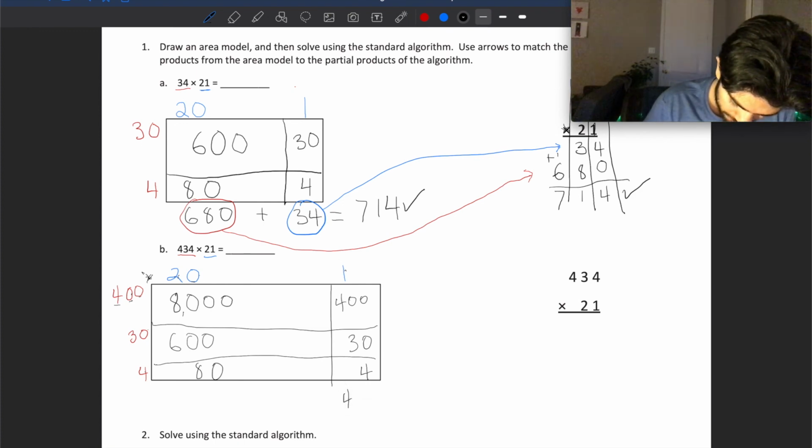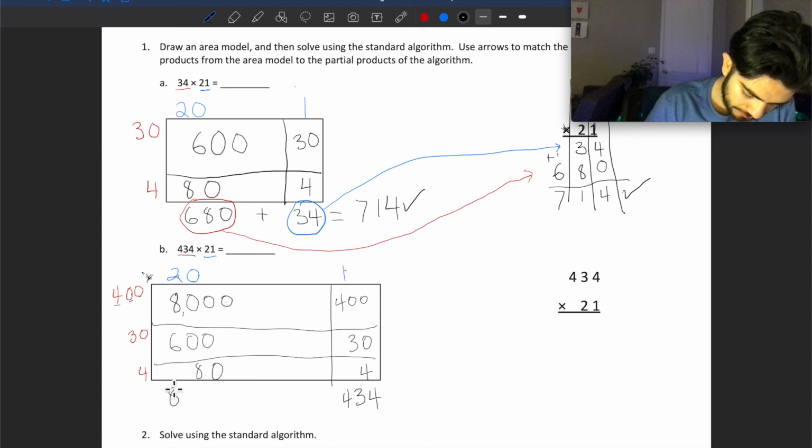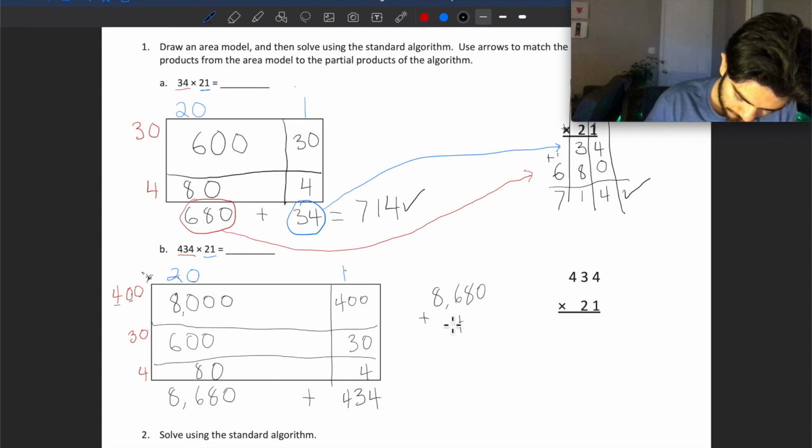Okay, now I'm going to add these to get my partial products. This is going to be 434. That's the total. Then over here, you're going to have 8,680. Then when I add these up, let me add them up using 680 plus 434.